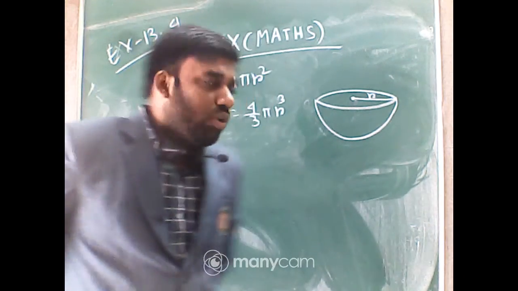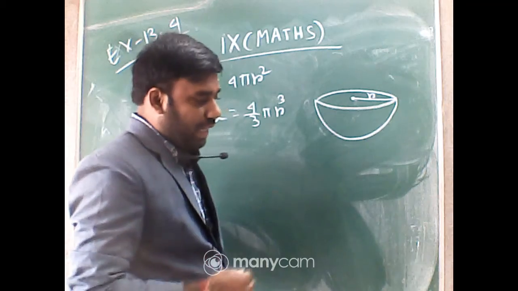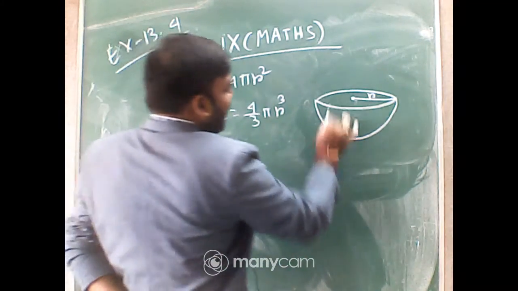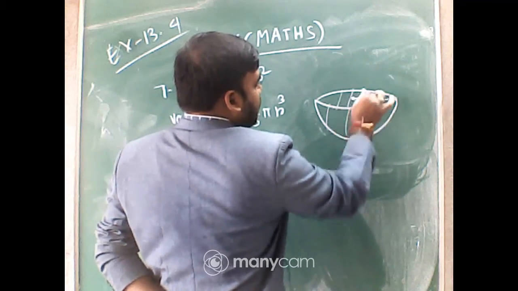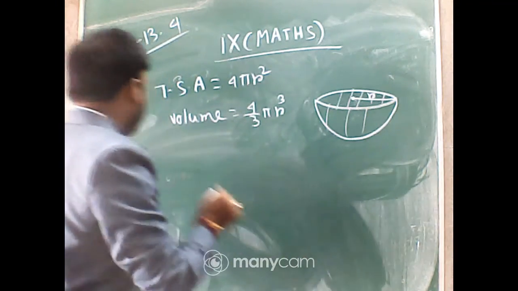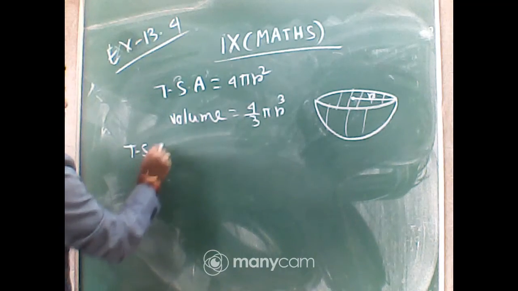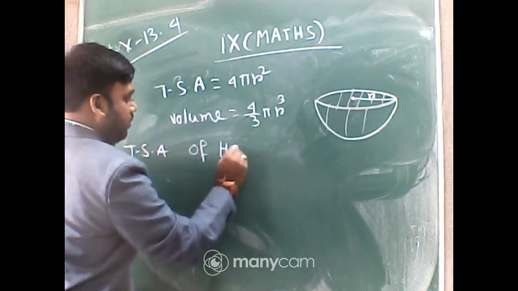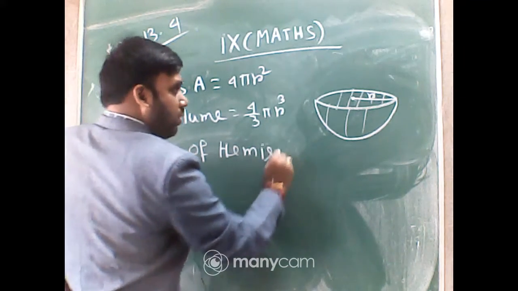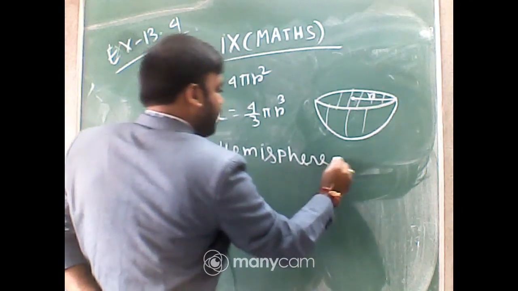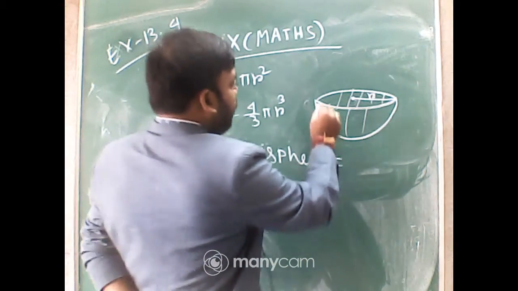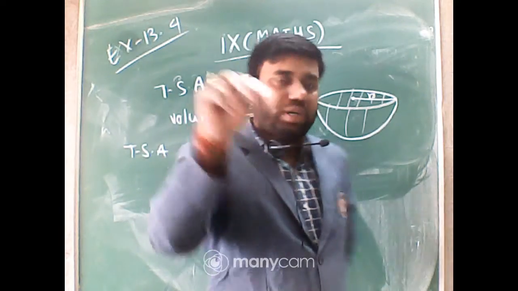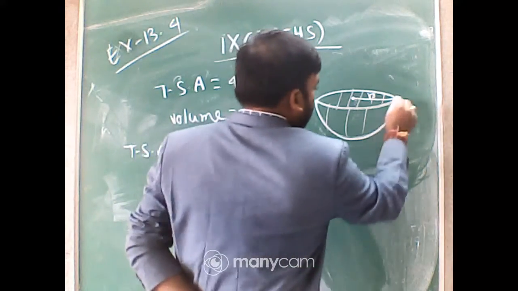And what is the surface area? In this case, two areas are covered. That area is the curved surface area and that is the plane area. So total surface area of hemisphere equals, first of all, this portion: total sphere is 4 pi r square, and this is the half portion, so that is 2 pi r square.